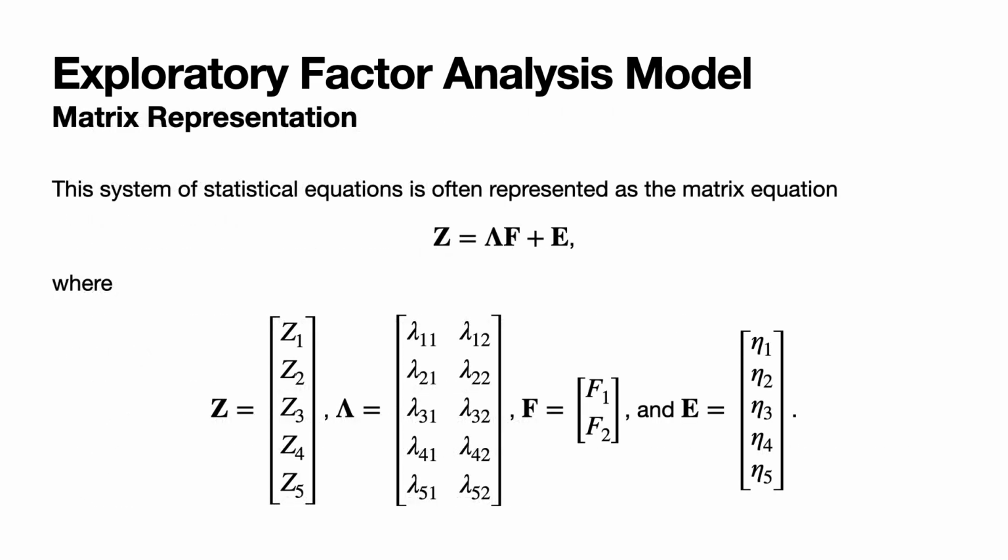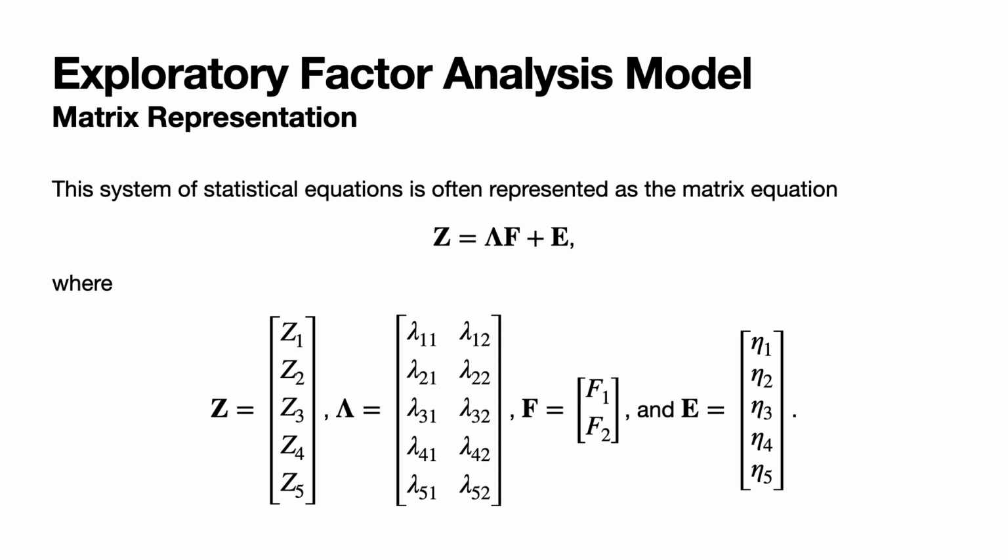Now, this system of statistical equations representing this exploratory factor analysis is often represented as a matrix equation. We have a z vector equal to a matrix denoted by capital lambda times F plus E, where the z vector is a 5x1 vector containing the standardized manifest variables.